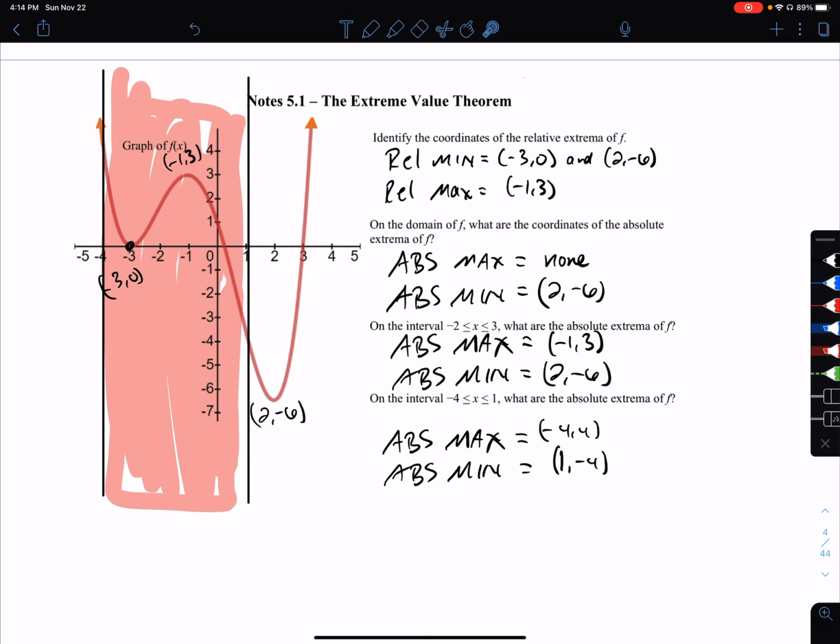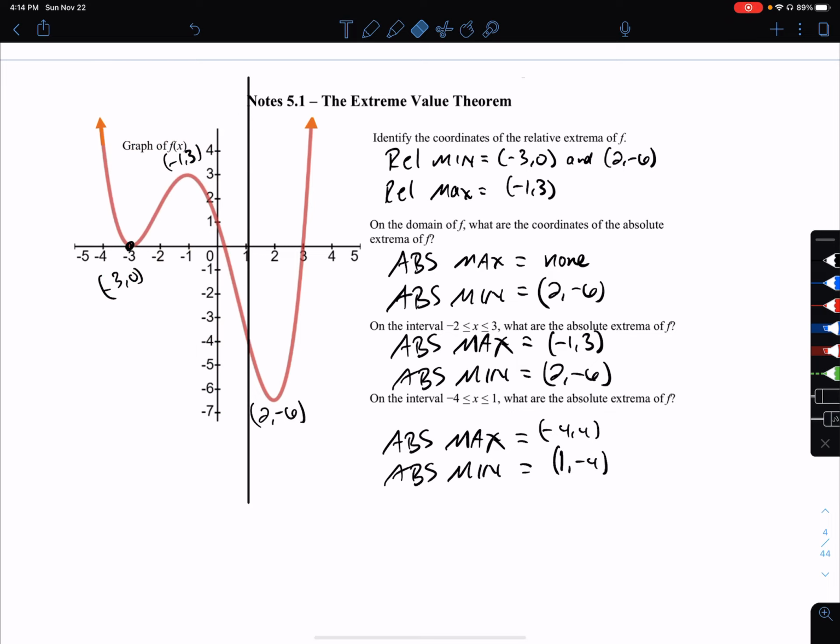But mine clearly looks like 1 is happening here at -4. It's debatable, maybe it's not quite -4. So there's one example. Let's check out another example.